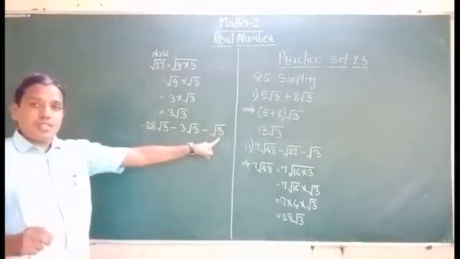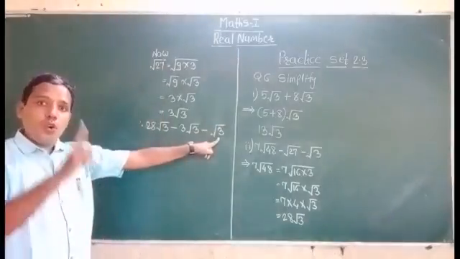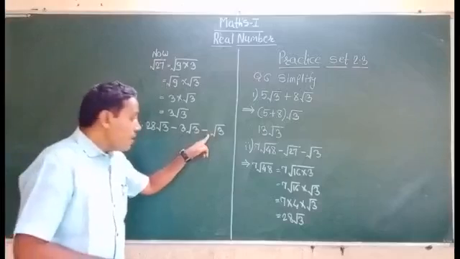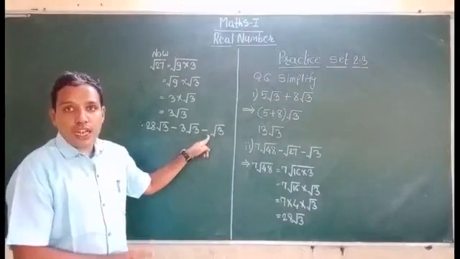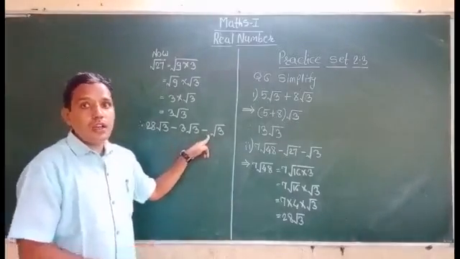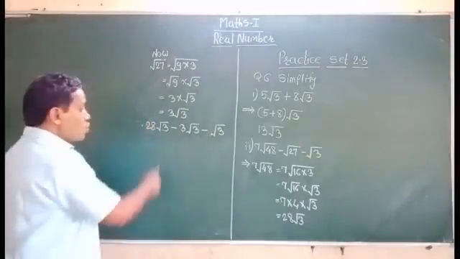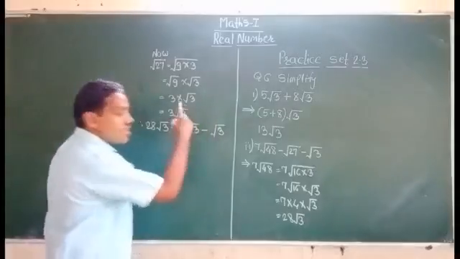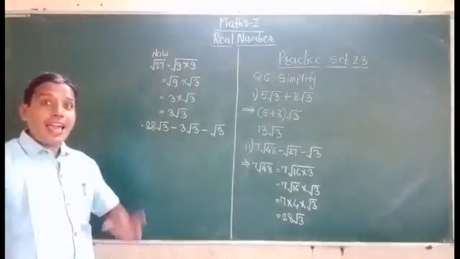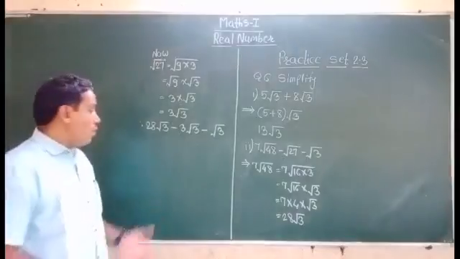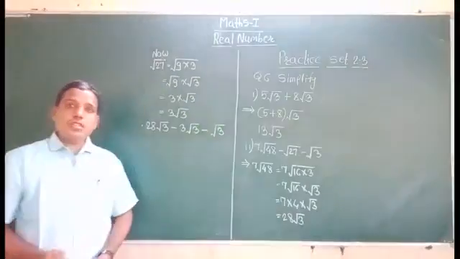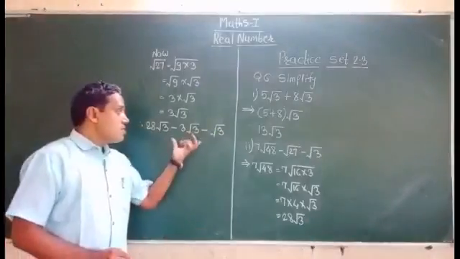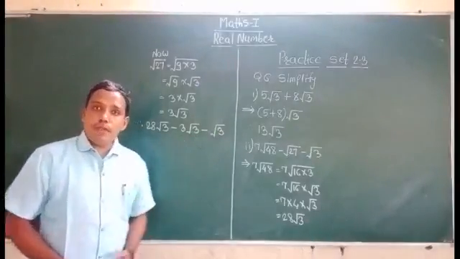At the last, surds 3 is given without any coefficient, and we consider its coefficient to be 1. So the surds 3 and surds 3 all have the same radicand, and therefore all these are like surds, and then the subtractions are carried out between them.